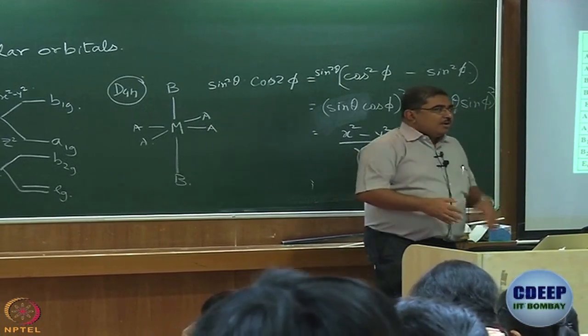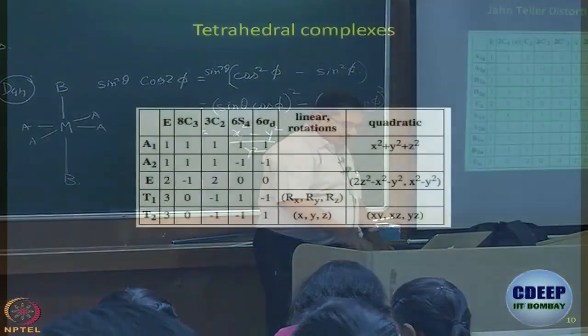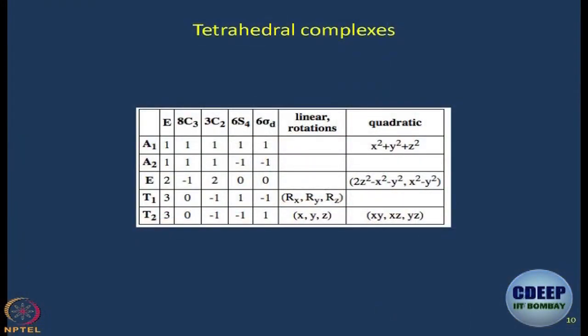Okay. Now, what about your tetrahedral complex? For that, I have to look at the character table for Td. See here, once again, what you have is 2z square minus x square minus y square and x square minus y square belong to E. Now, you do not call it Eg because there is no center of symmetry, and there is no need to use 2 also because there is only one 2-dimensional symmetry species, you just call it E, and xy, yz, zx jointly form the basis of T2.